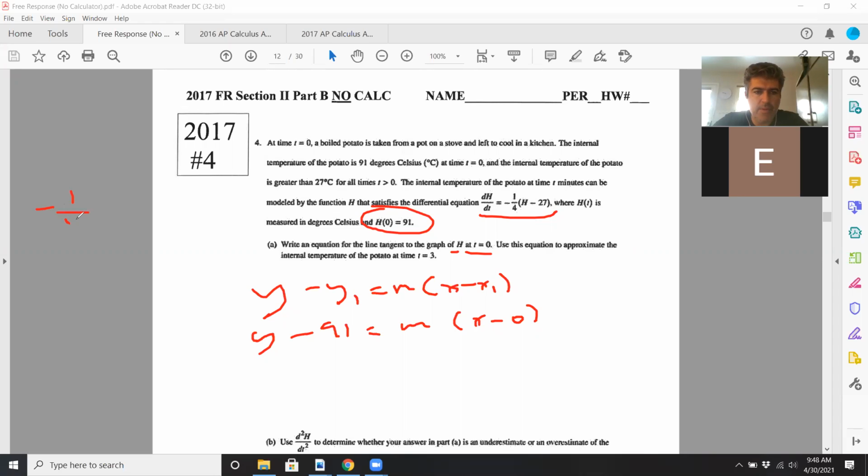So you can do negative 1/4 times, a little tricky, 91 minus 27, which I know is going to be 64. So you get negative 16. So y minus 91 equals negative 16 times x, or you can move the 91 over to the other side.